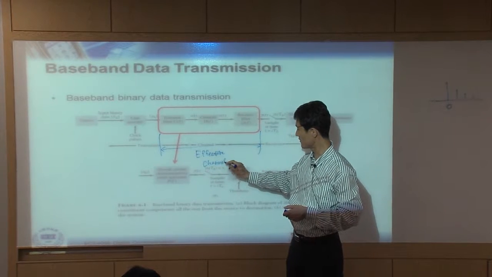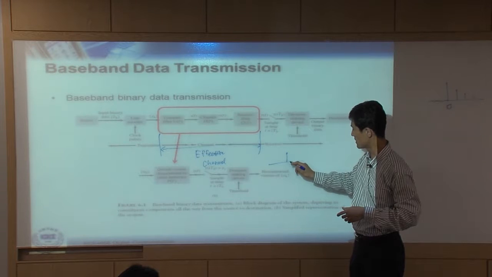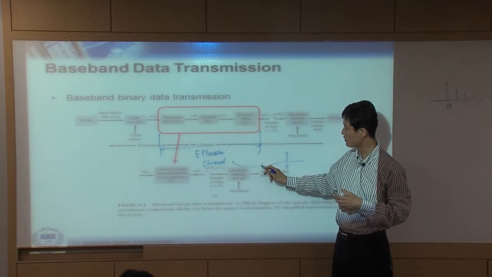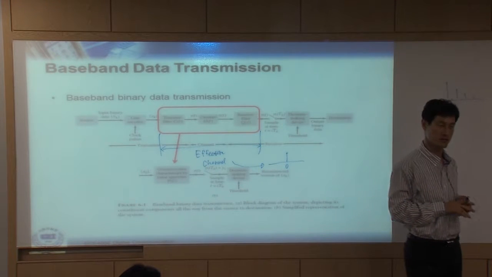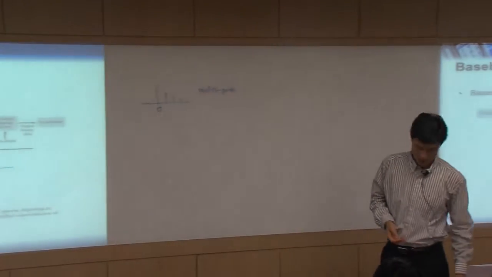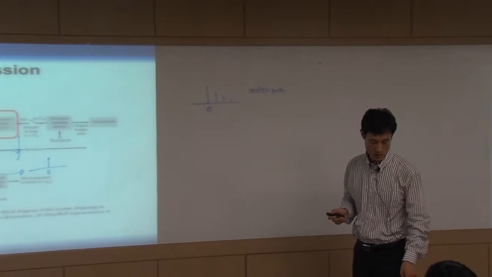And we want to make this effective channel to have impulse response like this. Okay? That's what we want. That's our goal. Eventually, that's what we are trying to do.